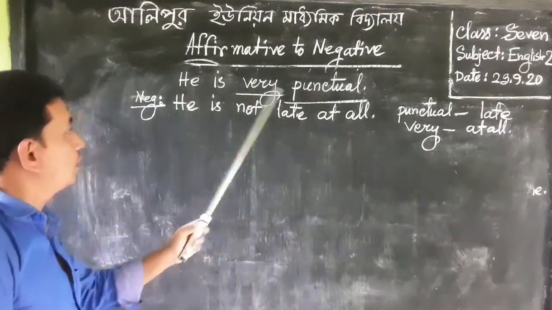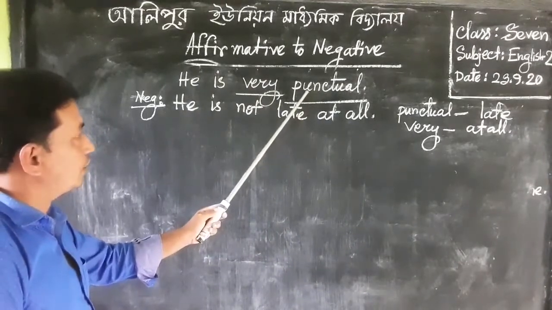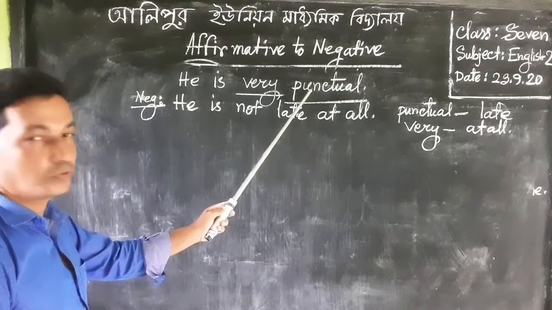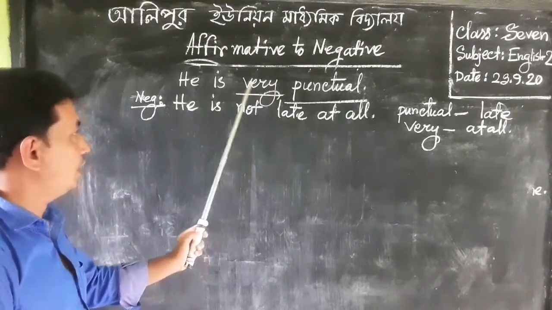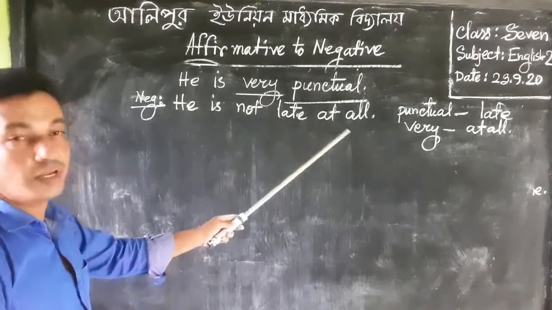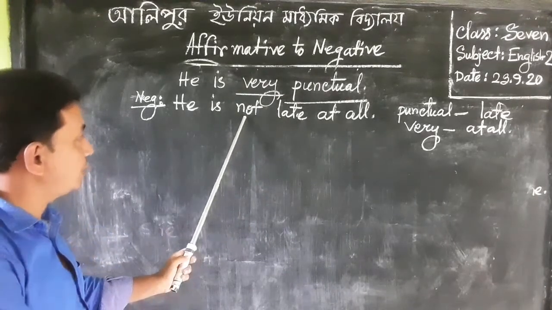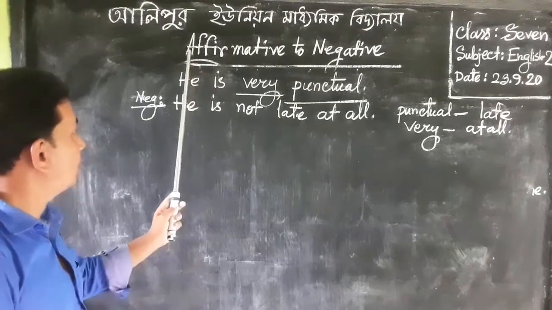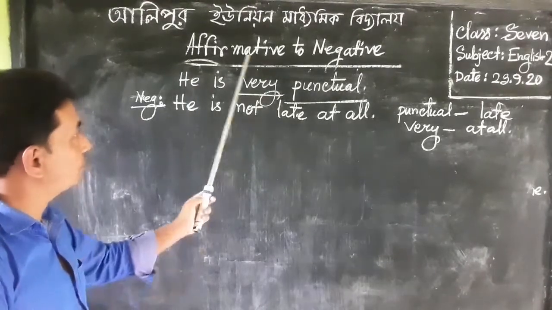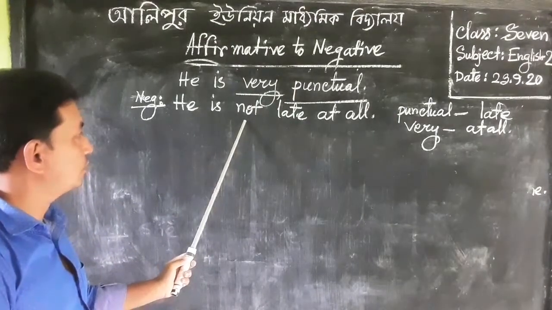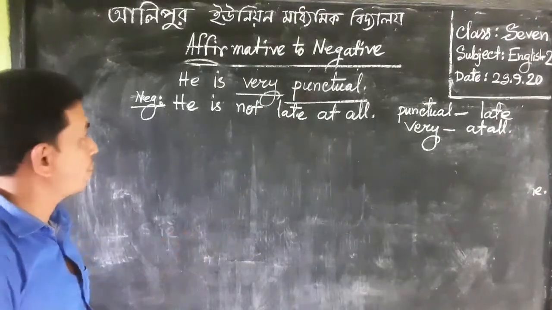Because in the first sentence we have seen punctual, and punctual should be changed into late, and very should be changed into at all. And not should be added because it is according to the rule of affirmative to negative. So we should add not before the adjective.